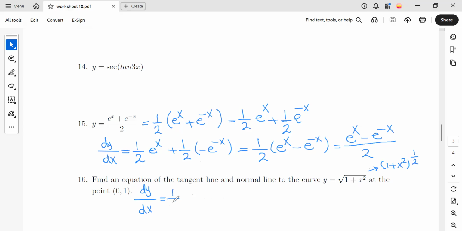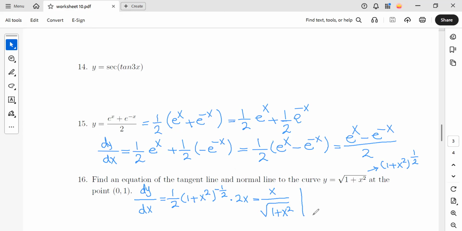So you can write it as 1 over 2, 1 plus x squared to the power 1 less, which is negative 1 over 2, times the derivative of the inside, which is 2x. Altogether, you would have x over square root of 1 plus x squared, because the 2 and 2 here cancel out.